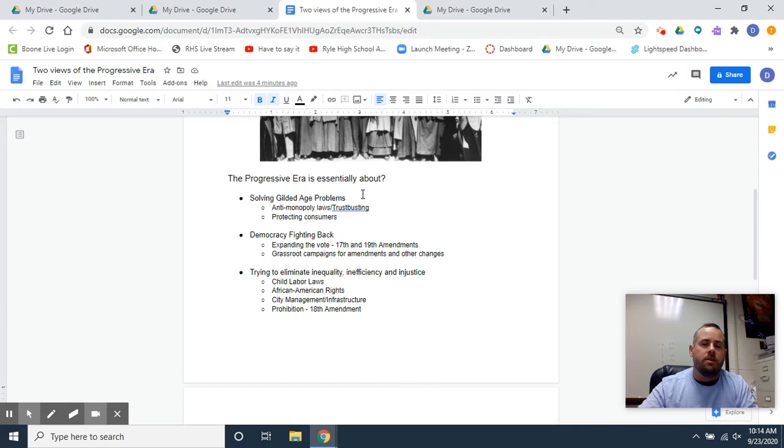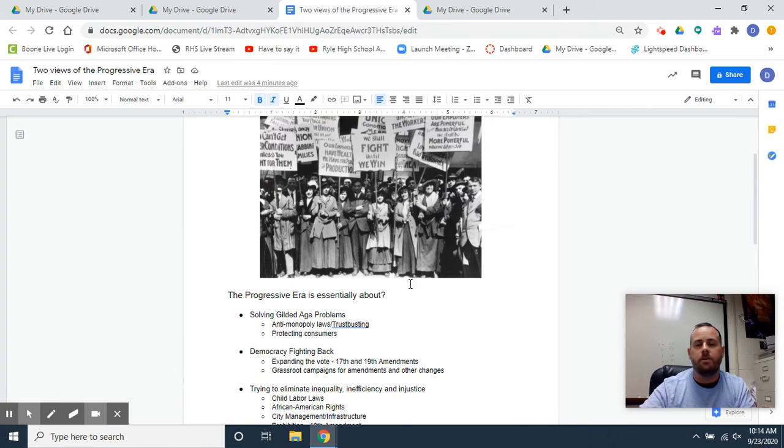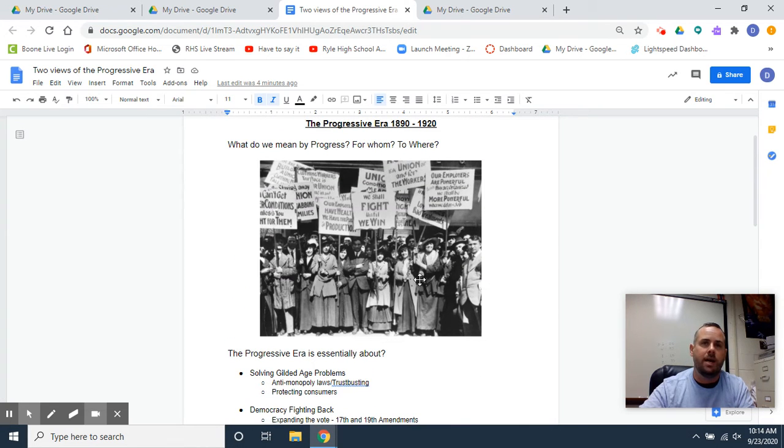The progressive era is essentially about solving Gilded Age problems, democracy fighting back, and then trying to eliminate inequality, inefficiency, and injustice. And at the heart, behind all of those issues, really the heartbeat of the progressive era is going to be middle-class women.